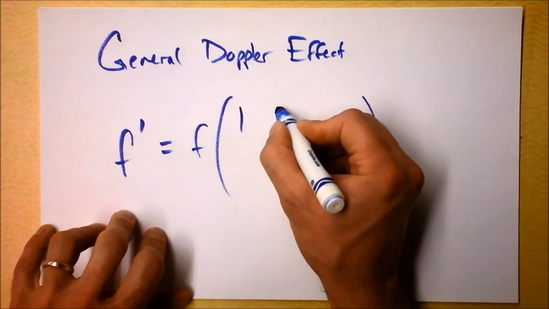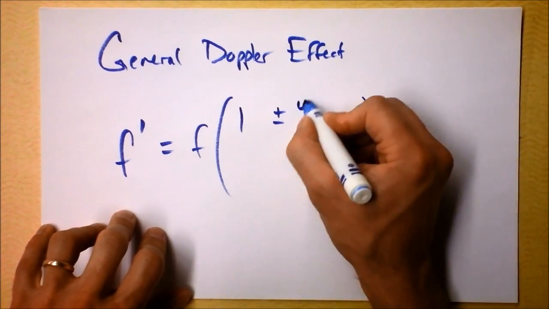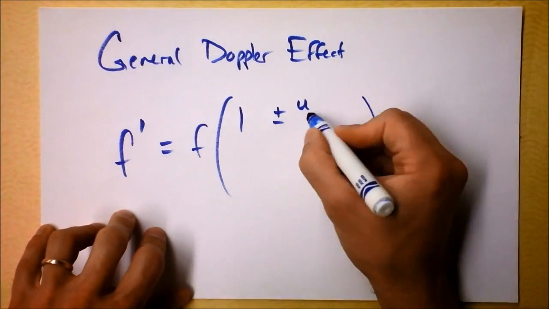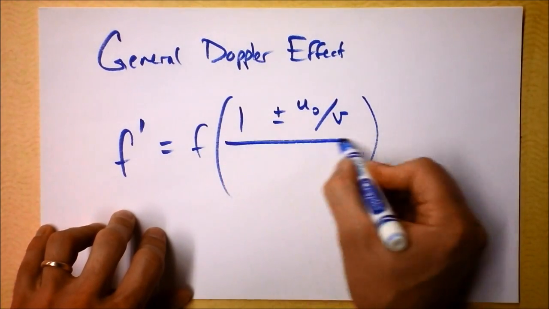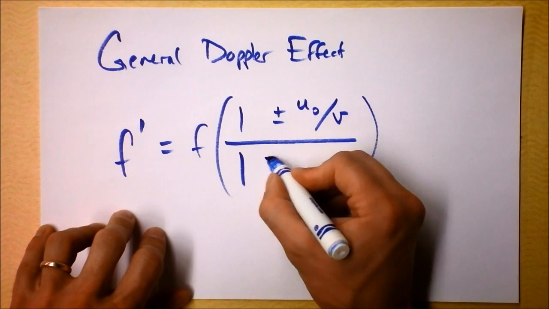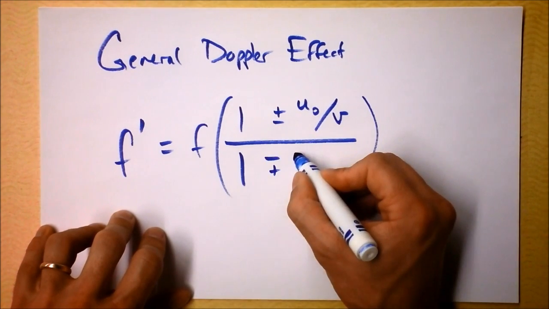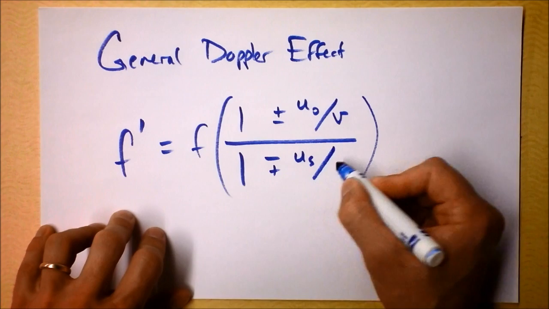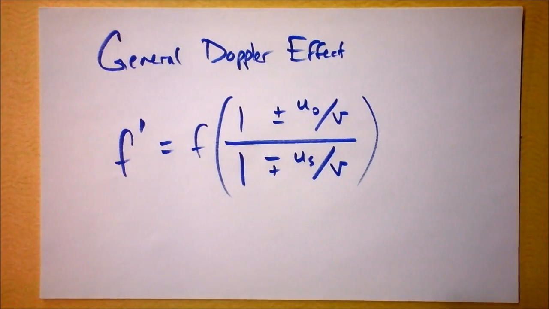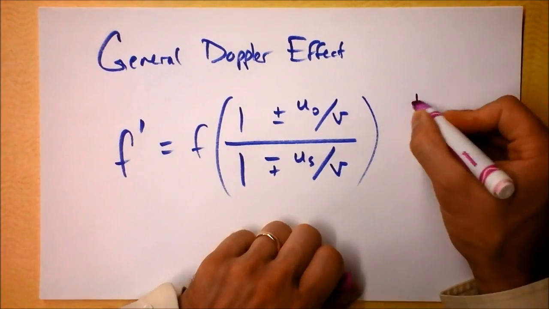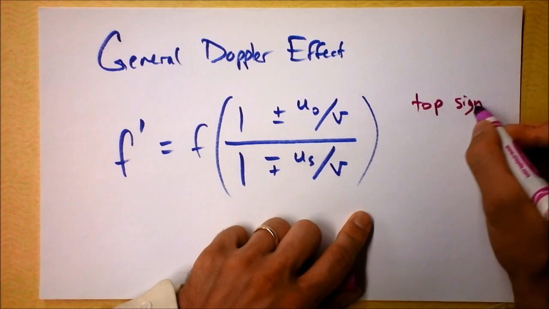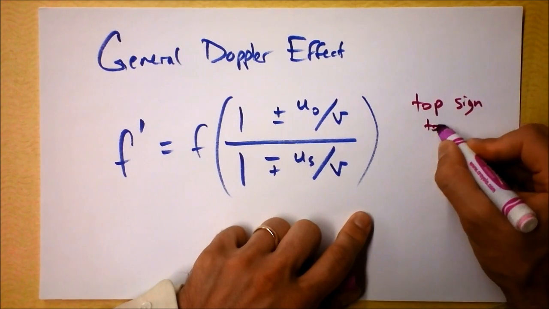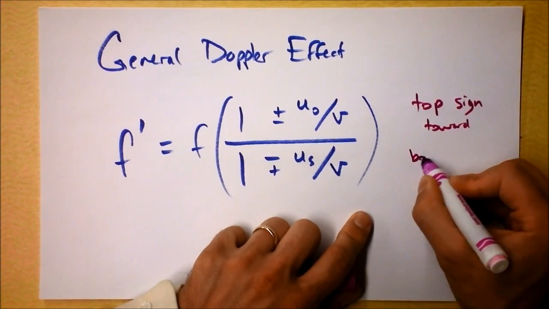I'm going to say 1 plus or minus the speed of the observer divided by the speed of the wave, divided by 1 minus or plus the speed of the source divided by the speed of the wave. So again, we've got the top sign is toward and bottom sign is away.